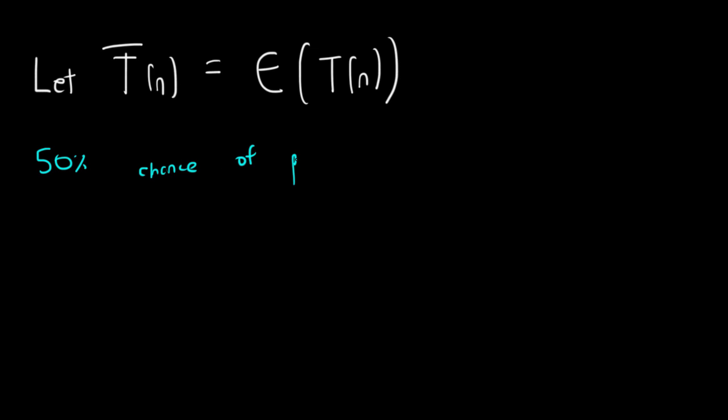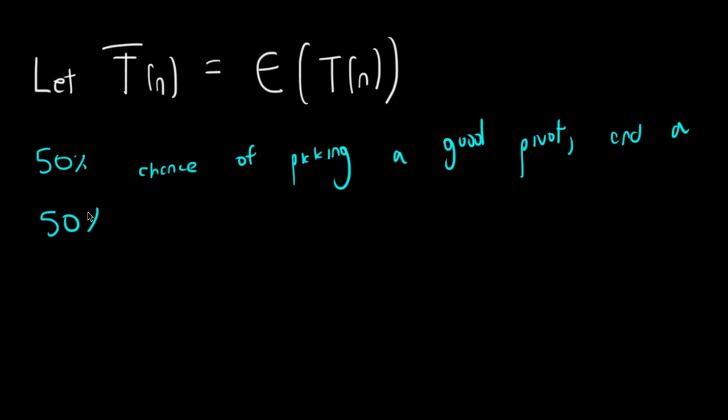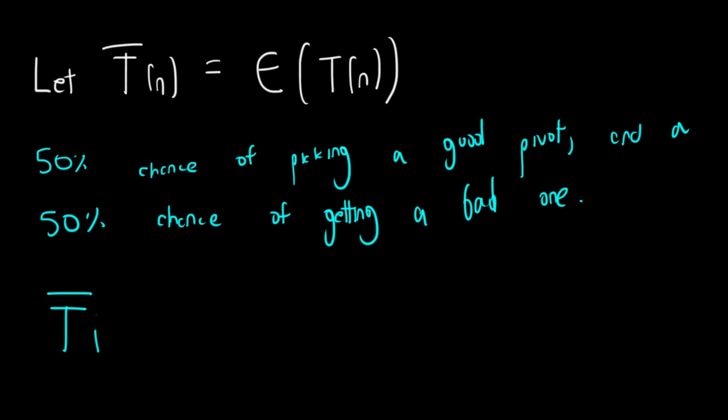of picking a good pivot, and obviously a 50% chance of getting a bad one. So with that range we have selected, we can go ahead and write out the T with the bar on top.